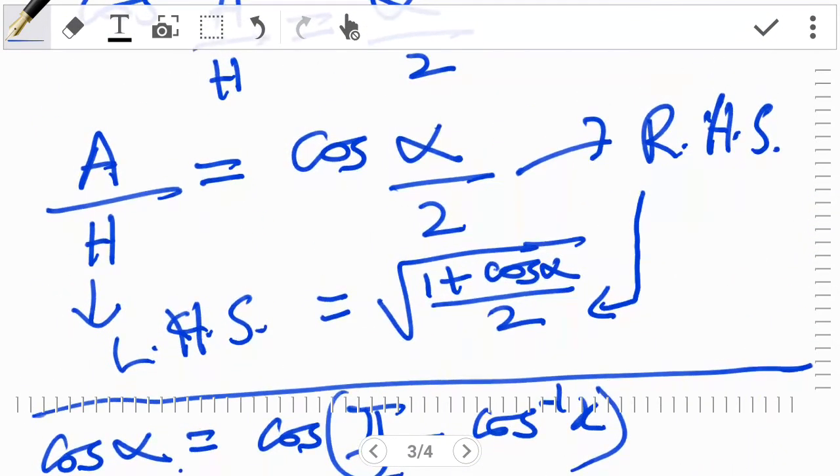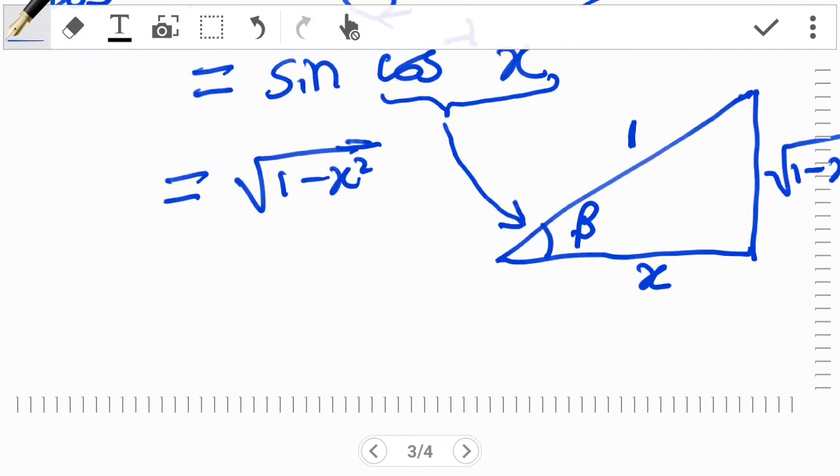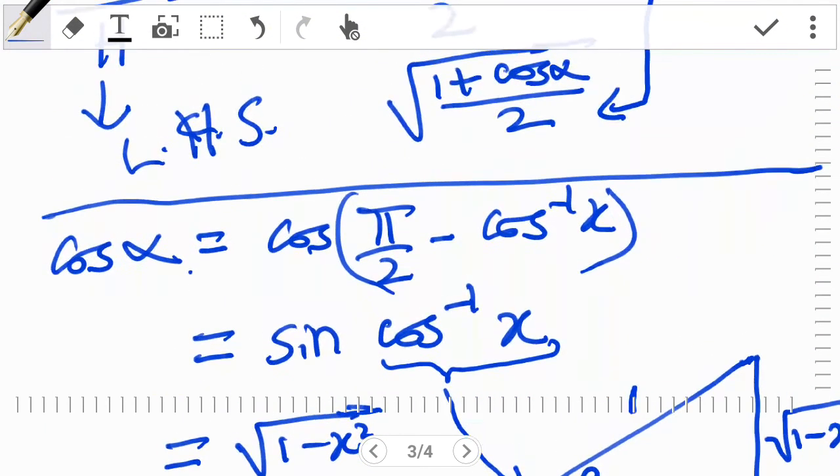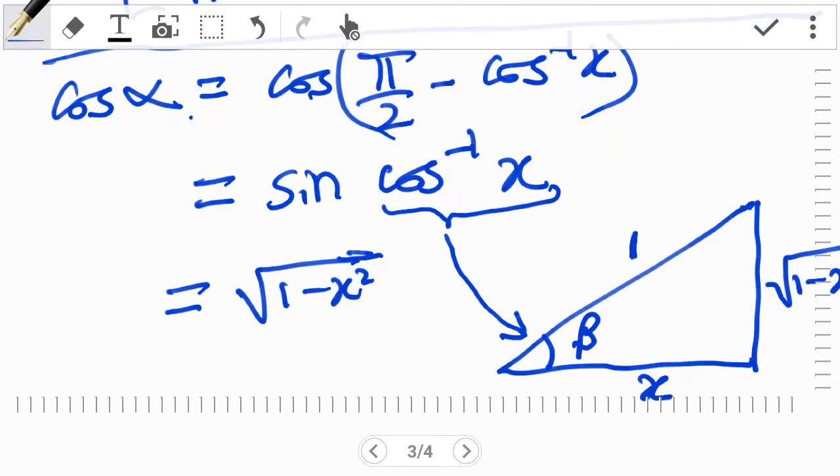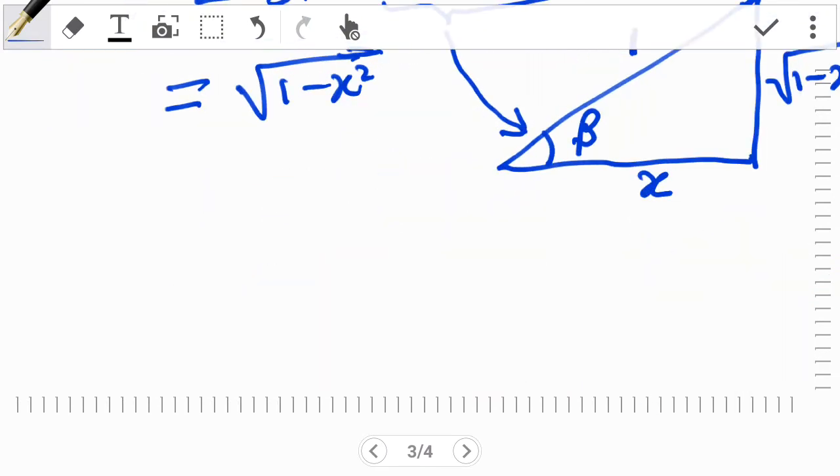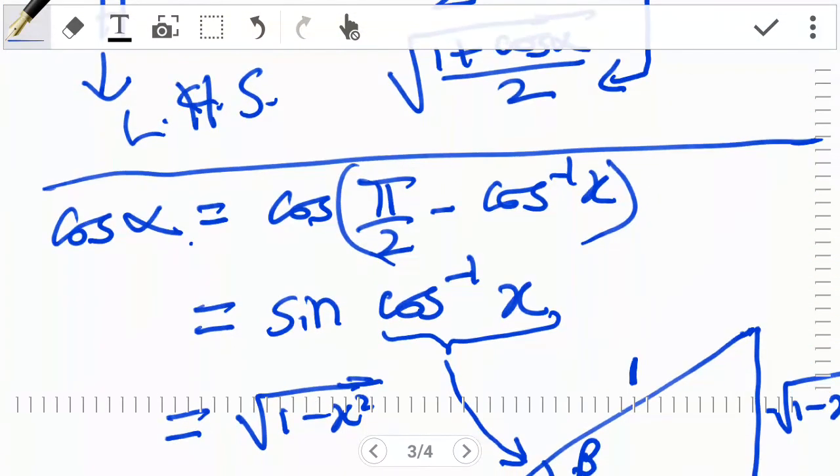But this equal sign is giving a misconception that this is the LHS. This is the RHS since it was derived from here, right? So the RHS was root of (1 plus cos alpha) by 2. What is that? Cos alpha we know is this.